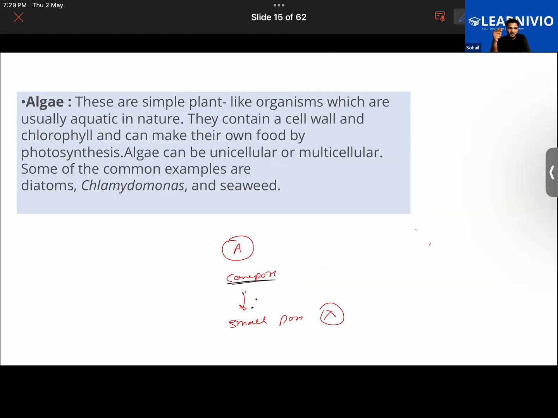Try to understand what I'm trying to say. So he collected some of the cowpox, and he rubbed it on the hand of a milkmaid.